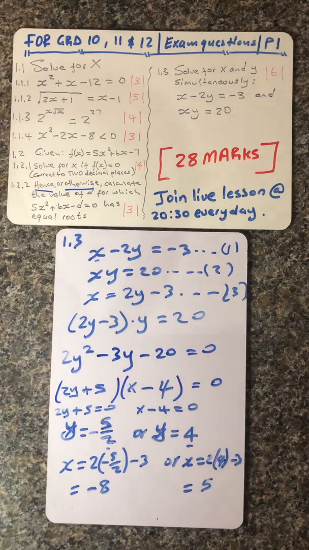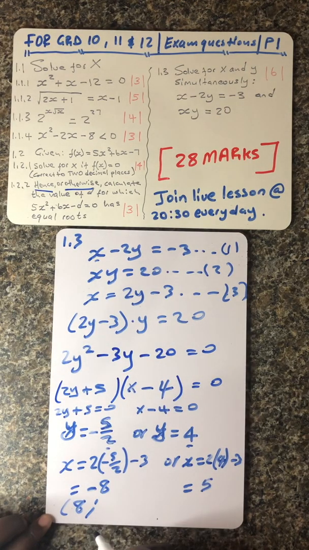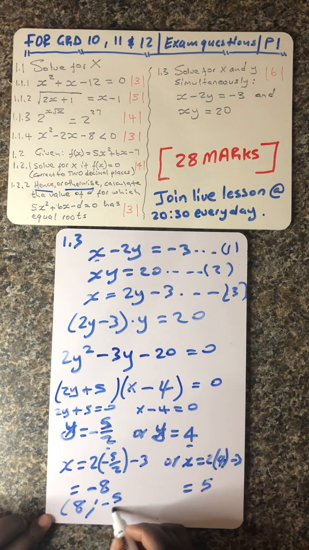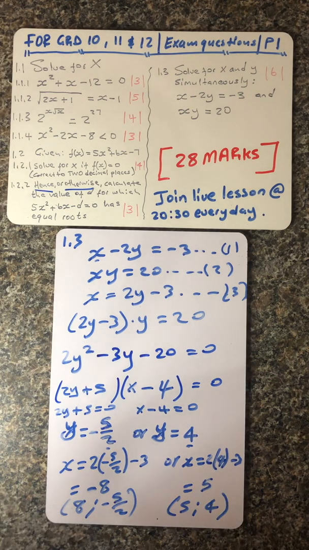Okay, so guys, it means where x is 8, the corresponding y value is negative 5 over 2. Where x is equal to 5, the corresponding y value is equal to 4.